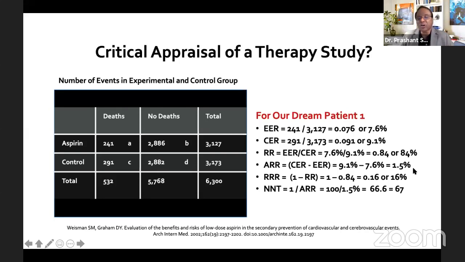I'm going to talk about which measure you should focus on when you are making a clinical decision. And if you calculate the number needed to treat, it will be about 67, which means that if you treat 67 patients with aspirin compared to placebo, one death can be prevented, which is good.